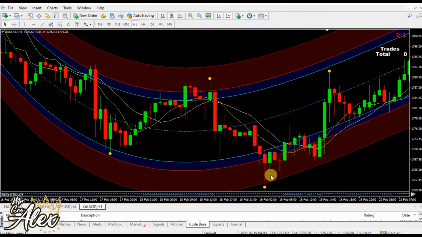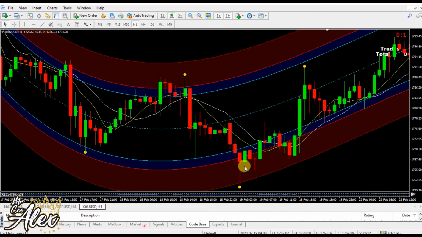Because remember, you're going to be looking on the 1 hour time frame. So more than likely, when the 1 hour closes, a signal will pop up, or during that 1 hour, the signal will pop up. So you can enter a buy here, or once you see price coming into the red area, always just wait for price to give you that signal or to go to its lowest part.